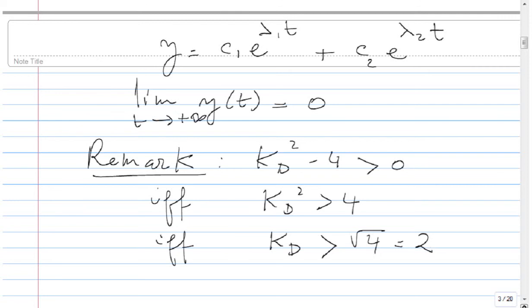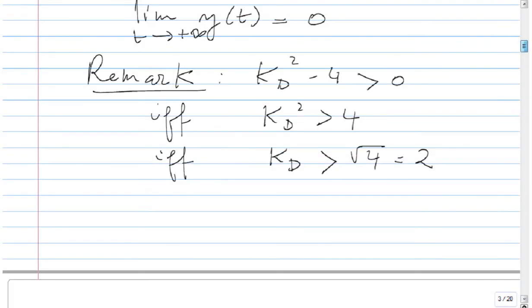So as long as kd is greater than 2, we have the limit of y of t when t goes to plus infinity is equal to 0. Excellent. Now what happens if kd is equal to 2 or less than 2?